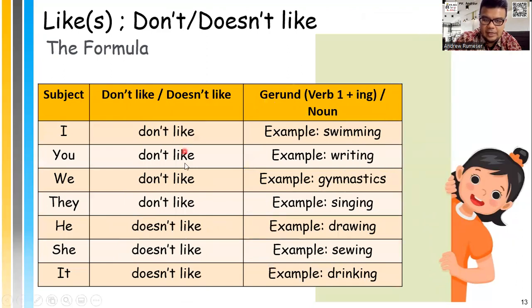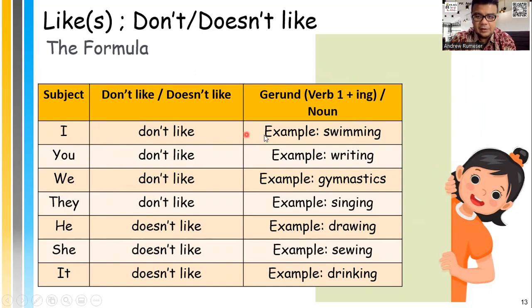Again, with the don't like or doesn't like, what happens if the subject is I, you, we, they? Which one do we use if we want to say the negative version, right? Yes, we use don't. But if the subject is he, she, it, then we use what? Doesn't, right? We use doesn't.